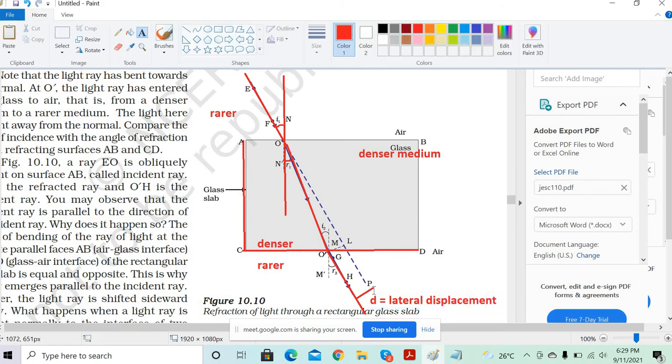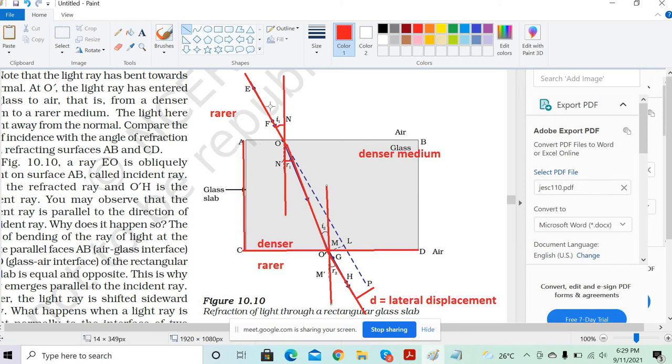Understood this part? And when you trace it back, it remains the same only. When you trace from this side onwards, this is the incident ray. If you trace it backwards, the incident ray coming from the rarer medium to the denser medium will move closer to the normal. This is the normal here, and this is the normal here. Then again it hits the surface AB, there is again an angle of incidence, and it moves away from the normal.